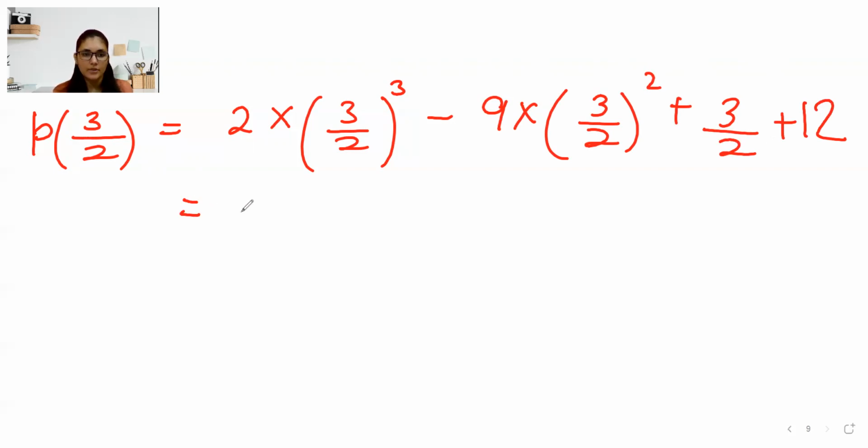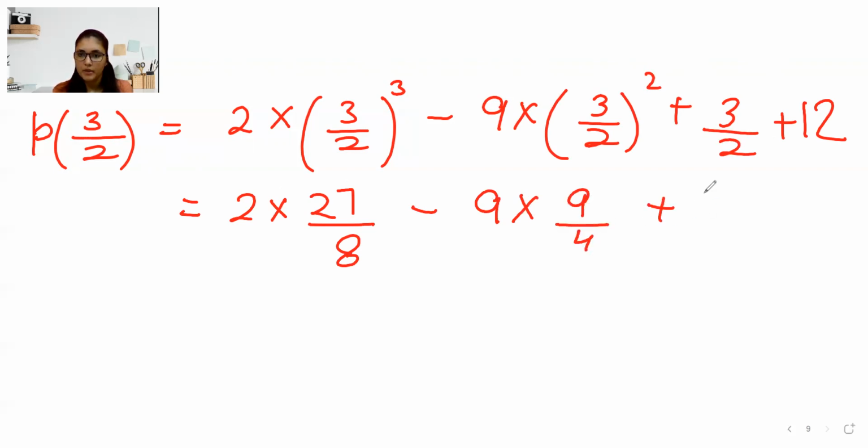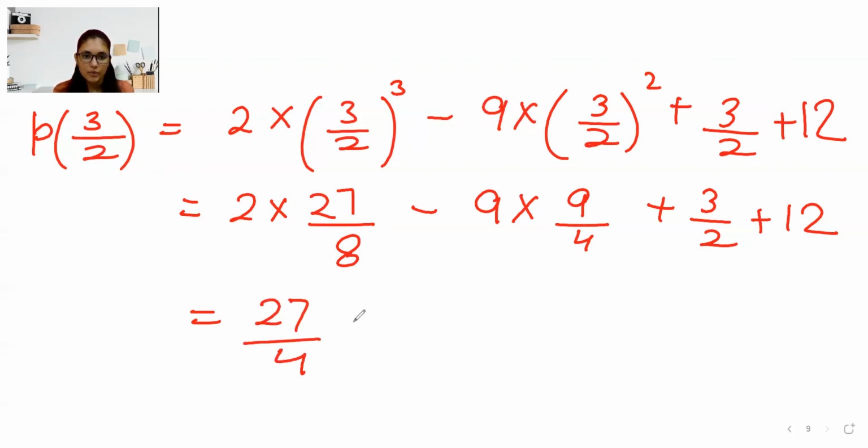Here you will get 27 by 8, here you will get 9 over 4, here you will get 3 over 2 plus 12 as it is. First you multiply all the terms, so it will be 81 by 4, and 3 by 2 and 12 as it is.